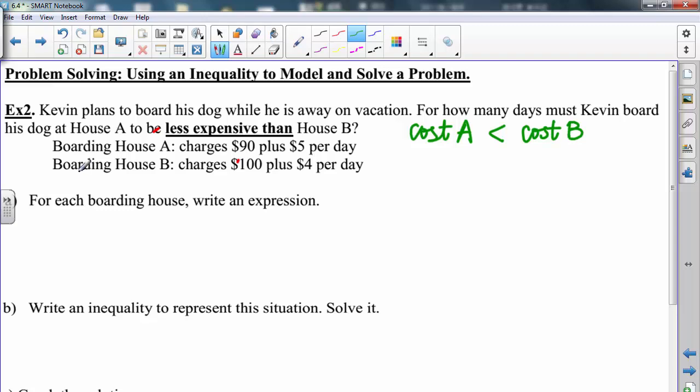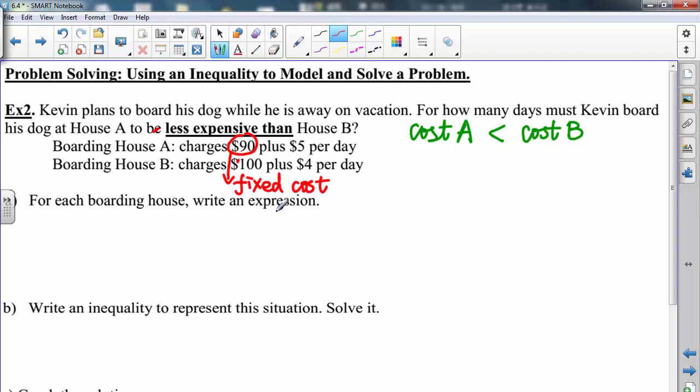So right now, let's look at how they charge the expense for the dog in both of these two houses. If the dog will be boarding in house A, they charge $90 plus $5 per day. We learned this one in equation solving already. This $90 is called the fixed cost.